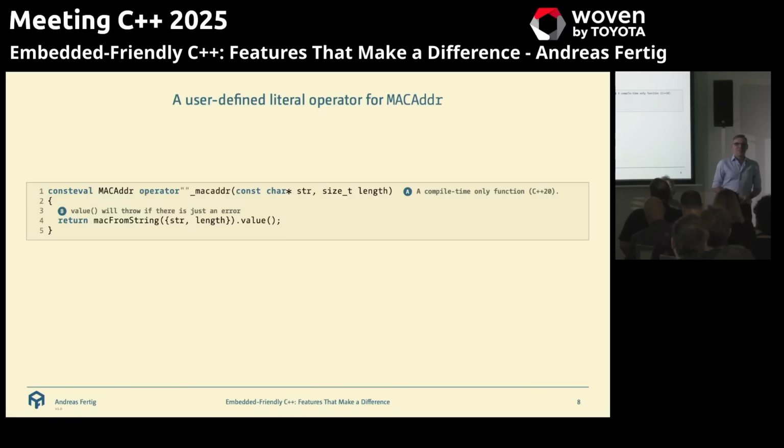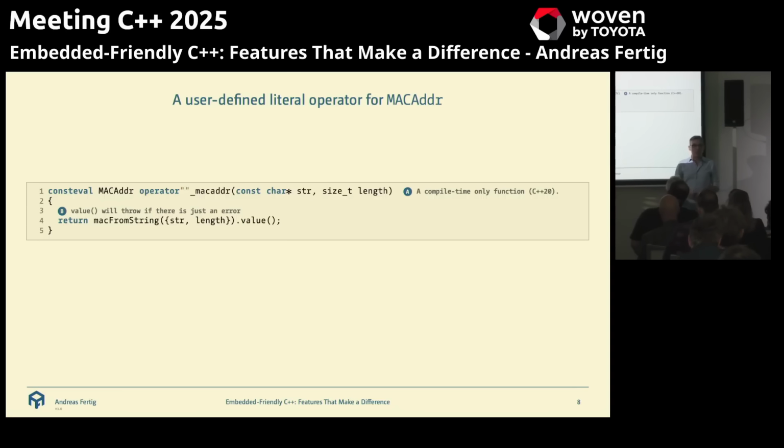The truth is, because that function here is consteval. My user-defined literal operator uses a new keyword from C++20 and the new feature by that, which says that this function runs only at compile time. You might also find it referred to as an immediate function in the standard.